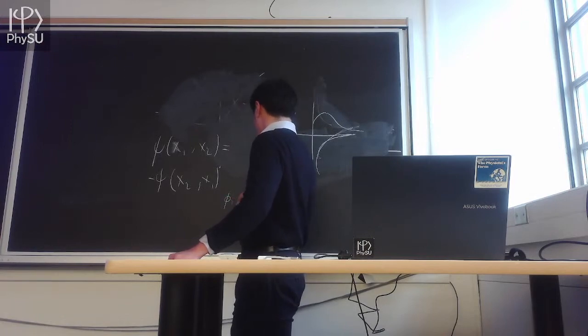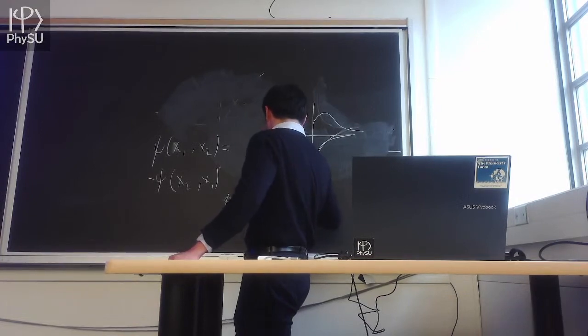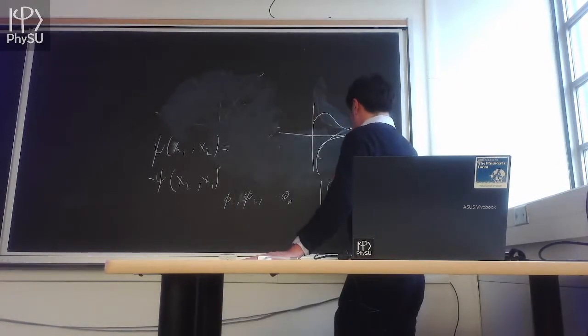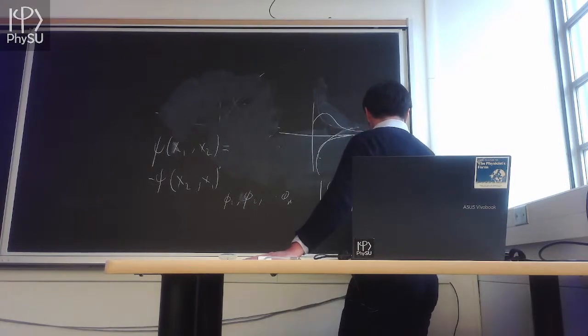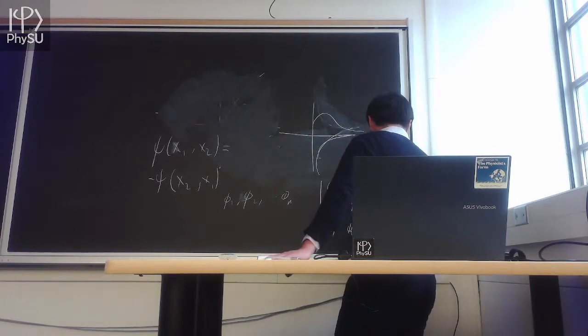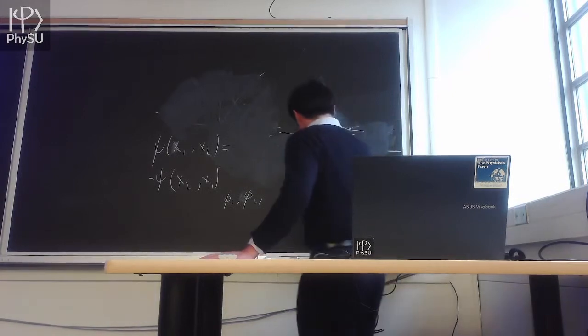So if your electron orbitals are phi1, phi2, and so on up to phi-n, you take the determinant of these wave functions. You write out phi1, phi2, phi-n in each row, with a normalization factor of 1 over root n factorial.